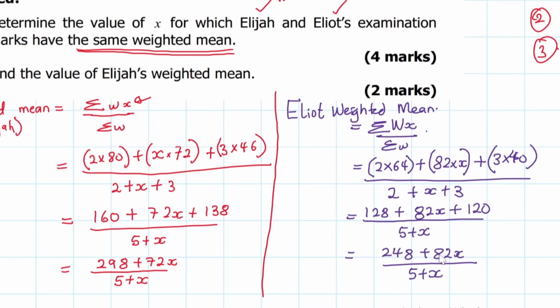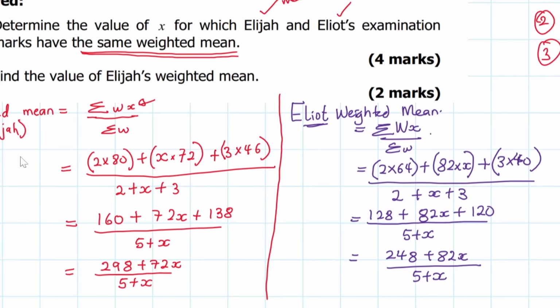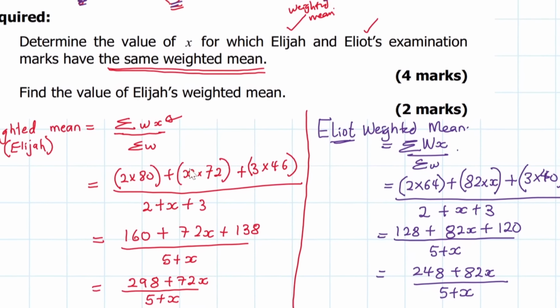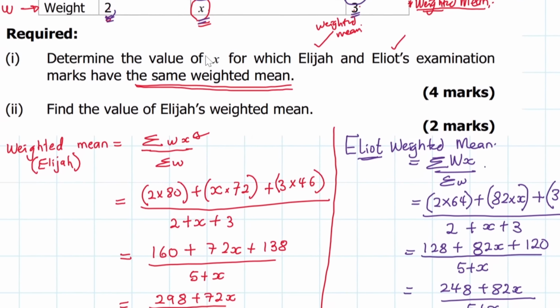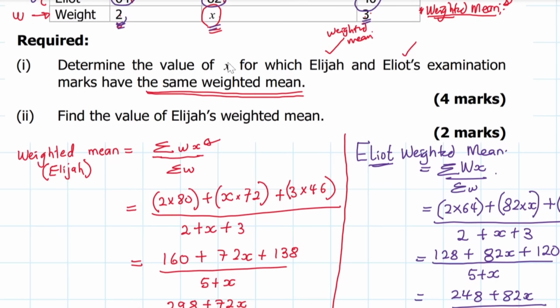So this is the expression we have for Eliot's weighted mean, and that's the expression we have for Elijah's weighted mean. Remember, the question says determine the value of x for which Elijah and Eliot's examination marks have the same weighted mean.